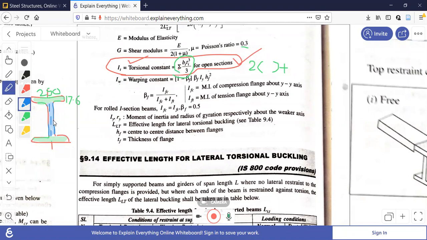How much is the flange? That is web width. Web width is 10.5. This one is 10.5. Okay.